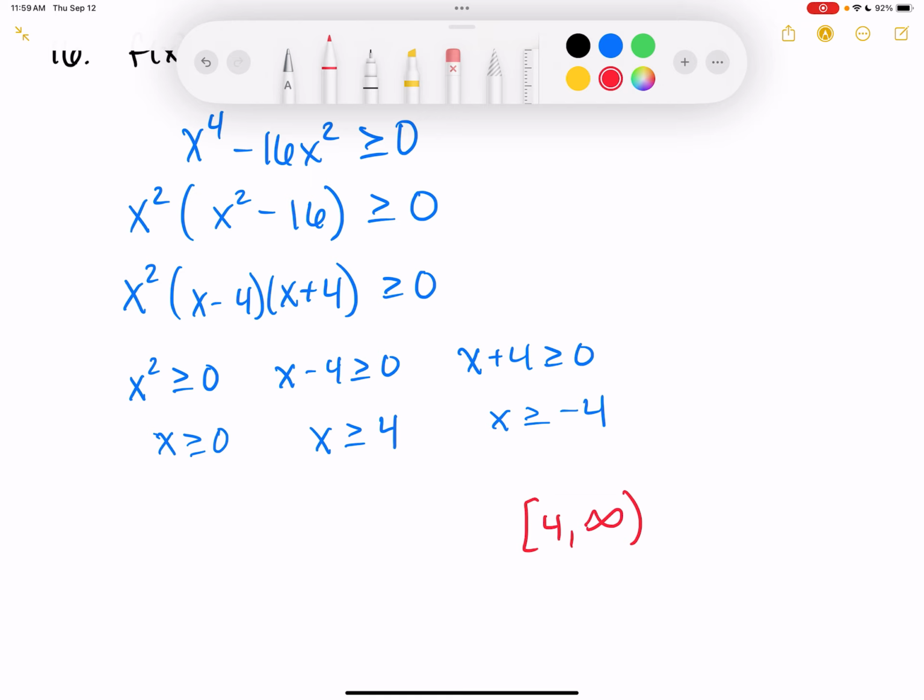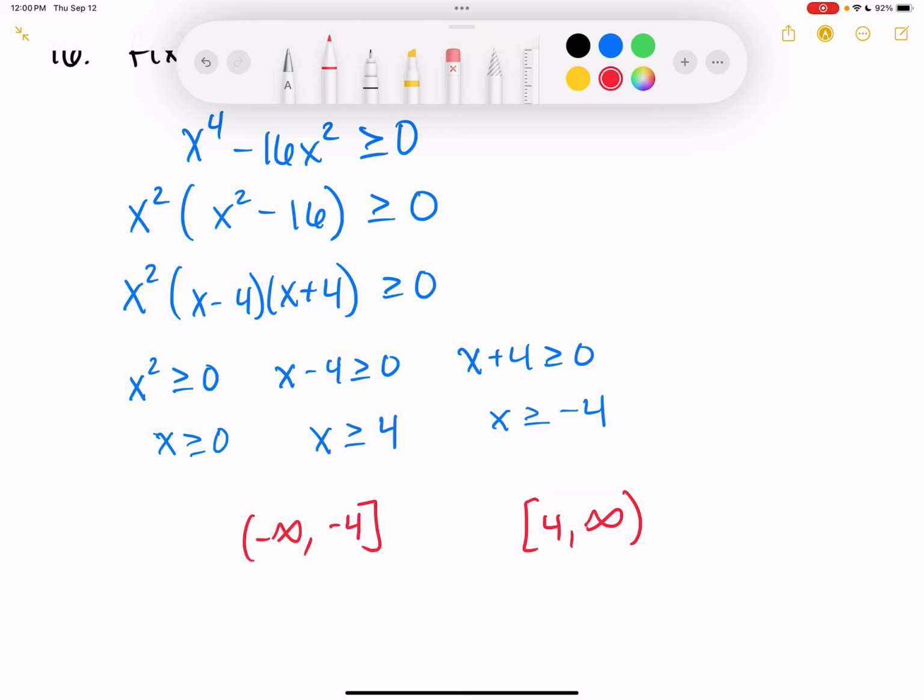I think we're typing stuff in wrong because y'all are getting different answers than what I have. When I plug in -5, in parentheses, -5 raised to the 4th is 625 minus, in parentheses, -5 squared, is positive 600. So that tells me from negative infinity to -4 works.